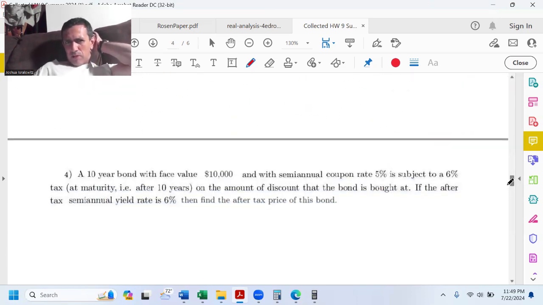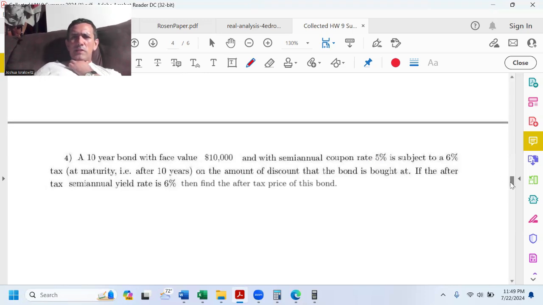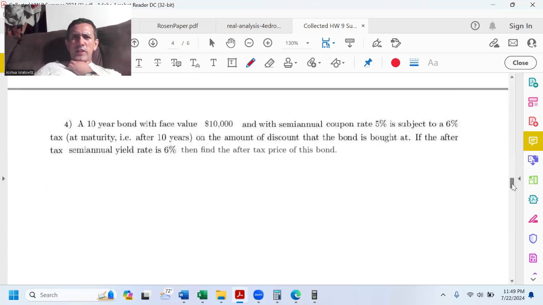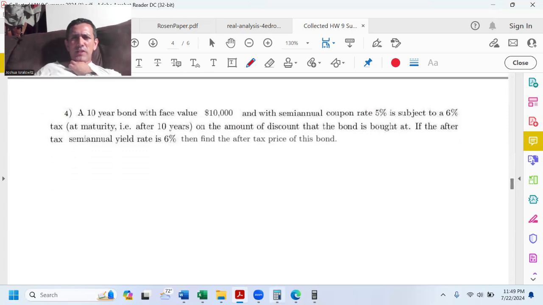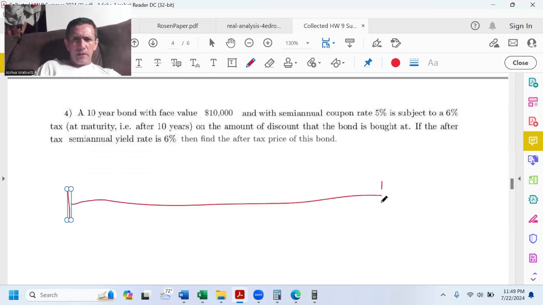Okay, this problem is a pain. And I mean it is tricky, but I do it basically in the video. So I don't know if people just didn't have time to go to the video. I got some weird solutions here. But it's an important concept, I think.